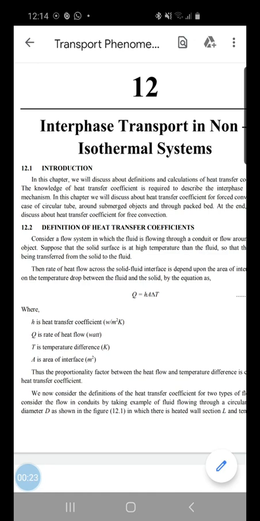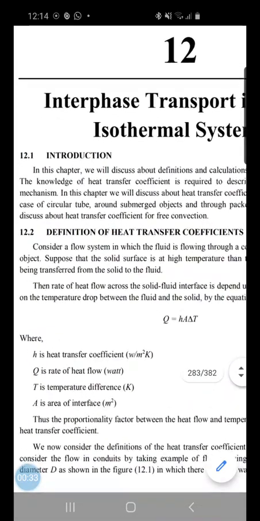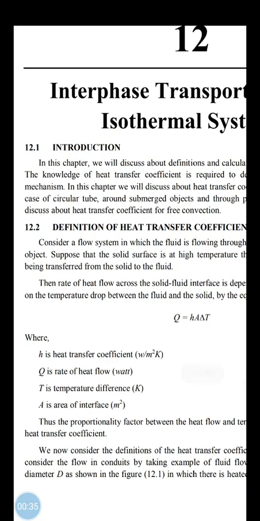Today we are going to discuss the last topic about heat transport, which is interface transport in non-isothermal systems. We are going to discuss many topics in this chapter which are related to the calculation of heat transfer coefficient, because heat transfer coefficient is a very important parameter in heat transport mechanism.